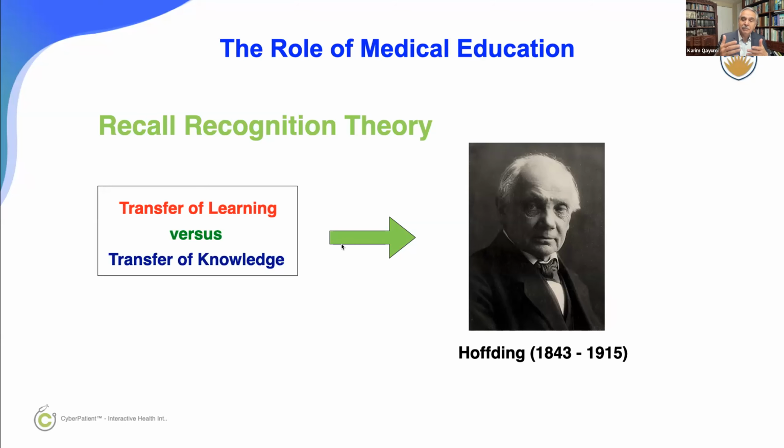Like today, I'm exchanging ideas with you. I'm learning from you. You're learning from me. We're exchanging. This is called transfer of knowledge. But transfer of learning is from the same person to the same person. How our prior experience affects the present or future experiences that we are going to have.